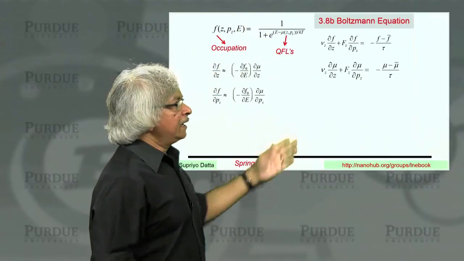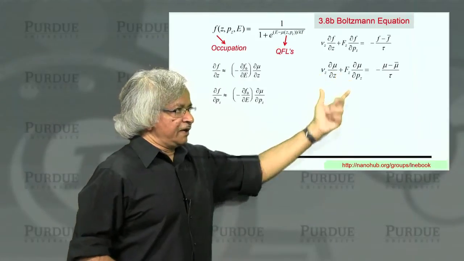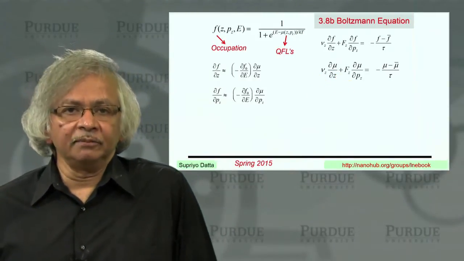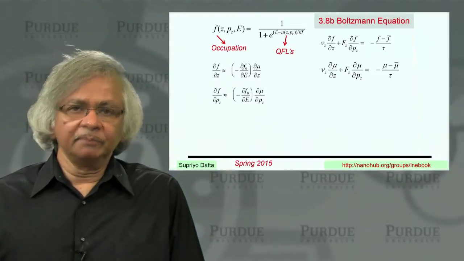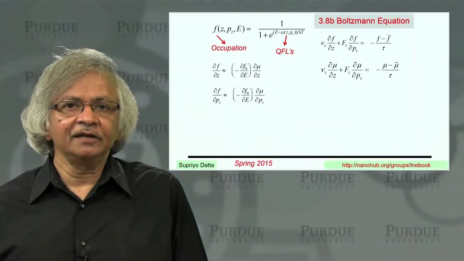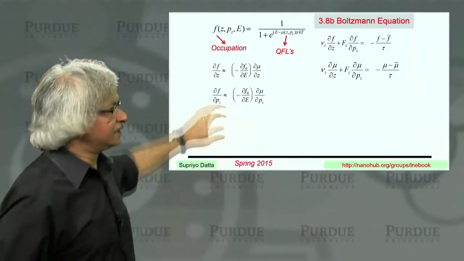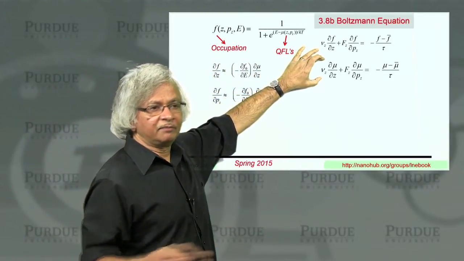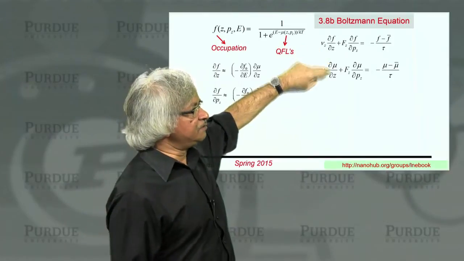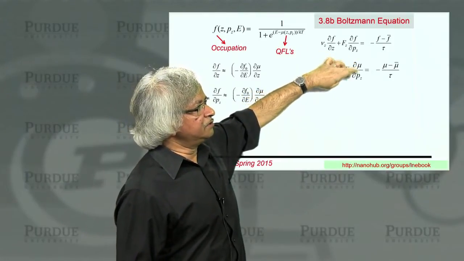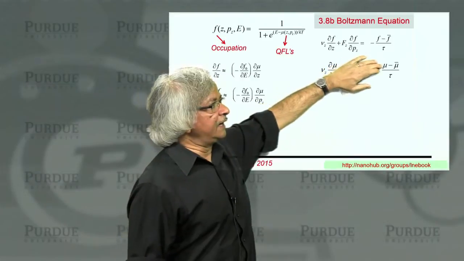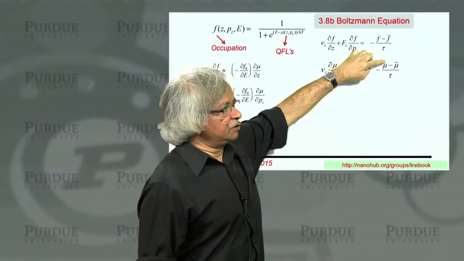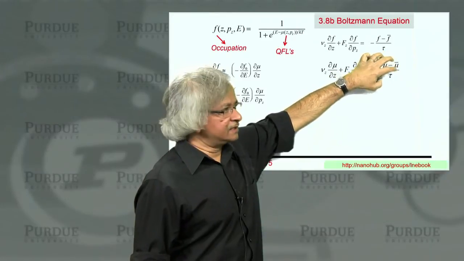Now, one nice thing about this form is that it immediately shows you that the equilibrium solution is given by mu equal to a constant. That is, if mu is constant, then this equation is automatically satisfied because d mu dz is 0, d mu dpz is 0, and since mu bar is equal to mu, the scattering processes are also 0.